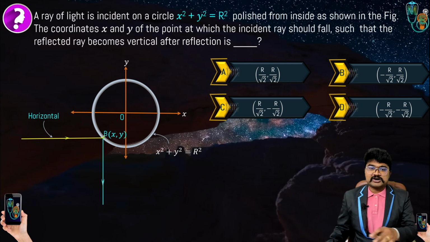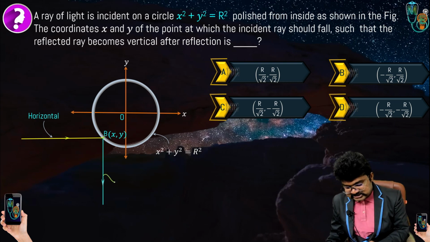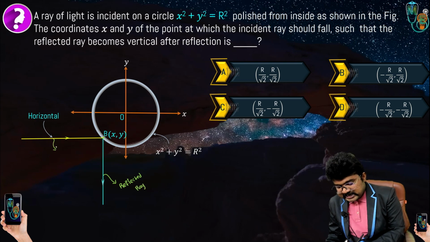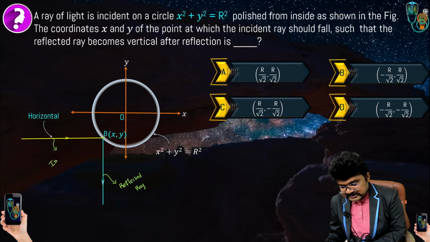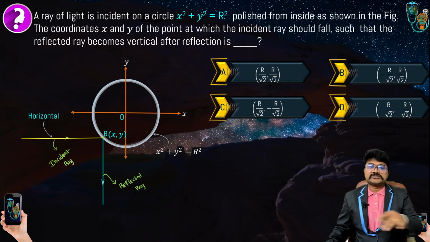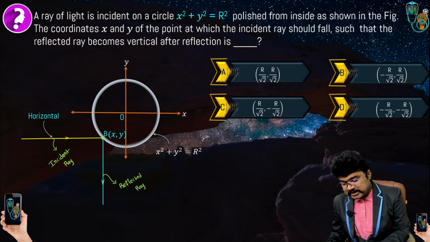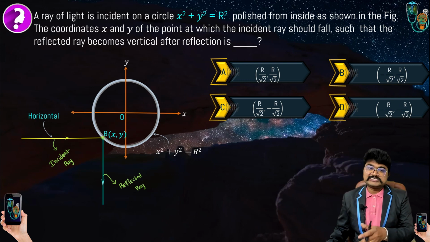Here the incident ray is horizontal, and the reflected ray is vertical. The point of incidence is in the third quadrant.